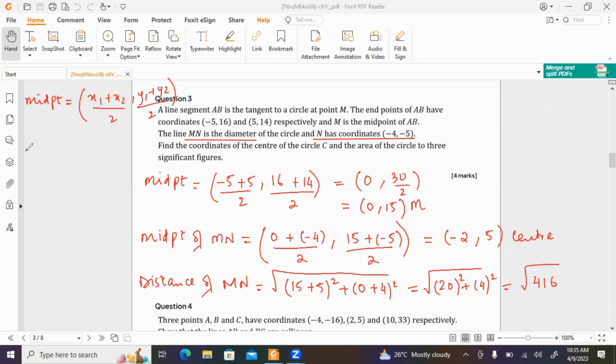And then for the radius, that's going to be the square root of 416 divided by 2. And this was the diameter.